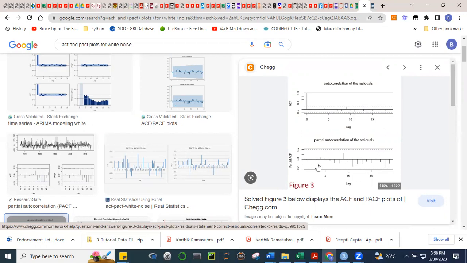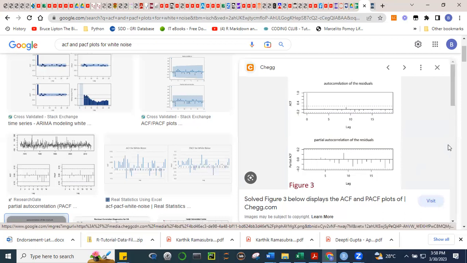Tapos dito din, sa PACF, wala ring significant spikes. Okay, what's this? This indicates that wala na tayong mamomodel sa time series natin. Yung PACF, wala nang significant spike dito. Yung ACF, wala na ring significant spike dito. So what does that mean? It means that the model is okay. This was the plot of the residuals, no? So ibig sabihin, nag-model na tayo, tapos chinek natin yung residuals.